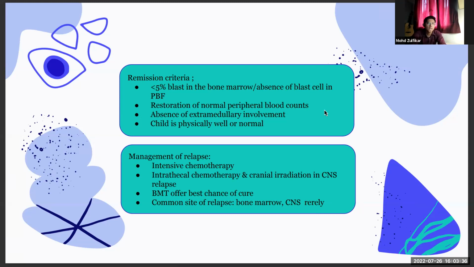For the management of relapse in AML, it involves intensive chemotherapy, intrathecal chemotherapy, and cranial irradiation in the CNS relapse. Bone marrow transplantation offers the best chance of cure. The common site of relapse in AML is the bone marrow. However, it is rare in the CNS. So next slide.